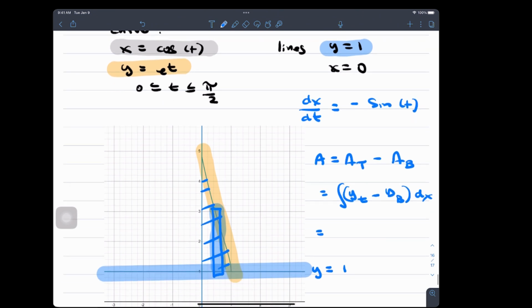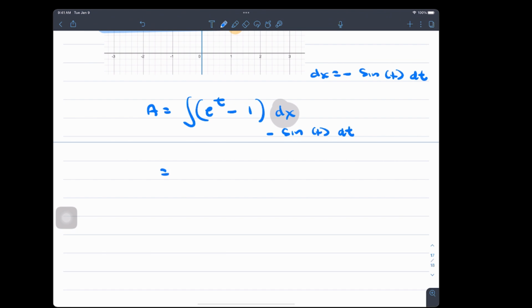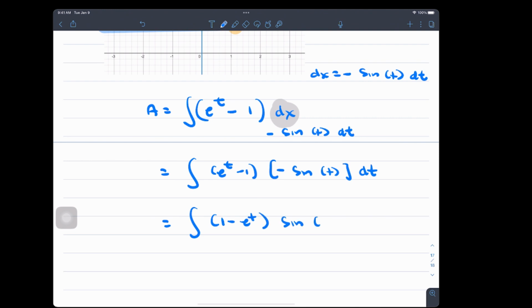So my dx will be minus sine t dt. So I replace this with minus sine t dt. Now we're going to have e to the t minus 1 times minus sine t dt. This is your area formula, which is now going to be 1 minus e to the t, sine t dt. Or let me keep it that way.